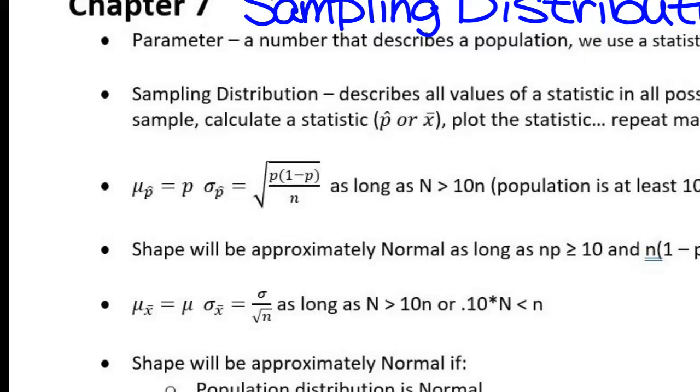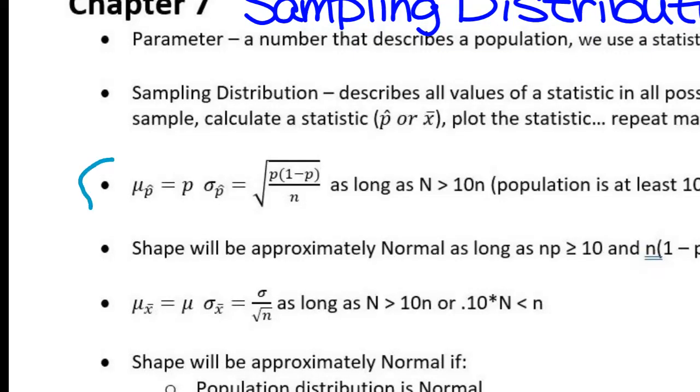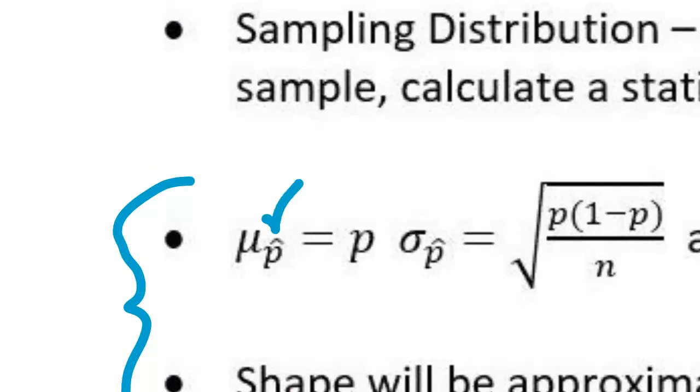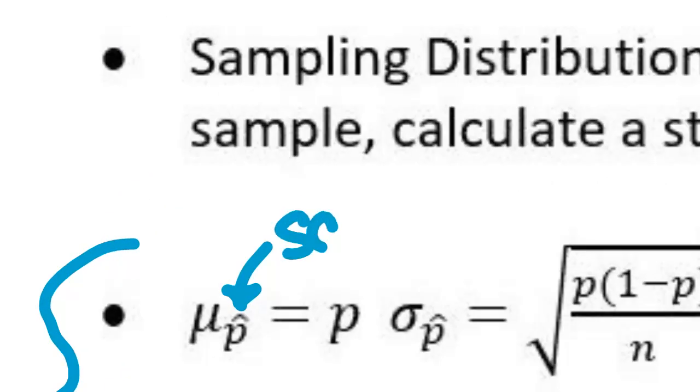So when we are talking proportions, sampling distributions for proportions, the mean of p hat is your sample proportion.